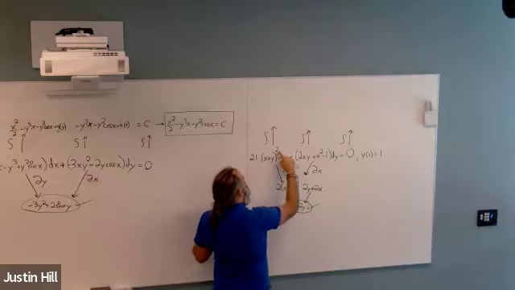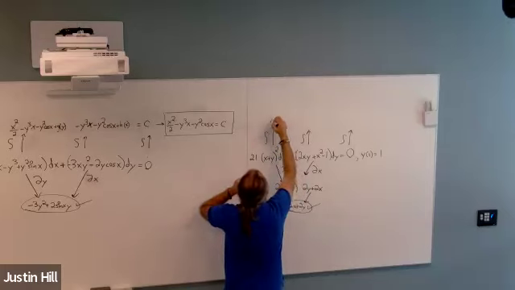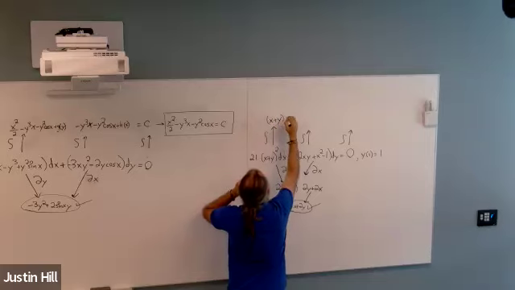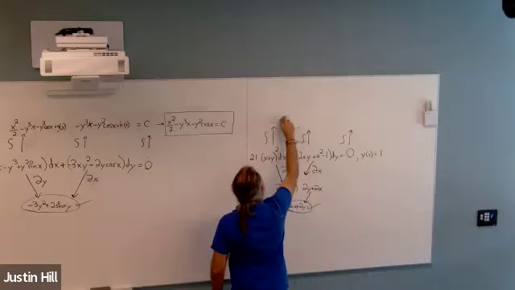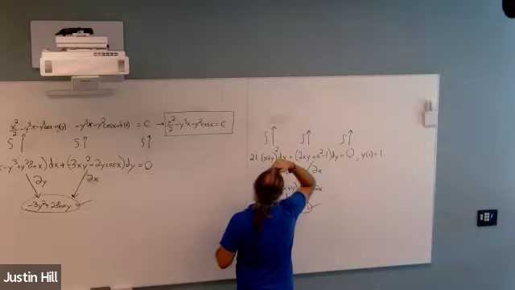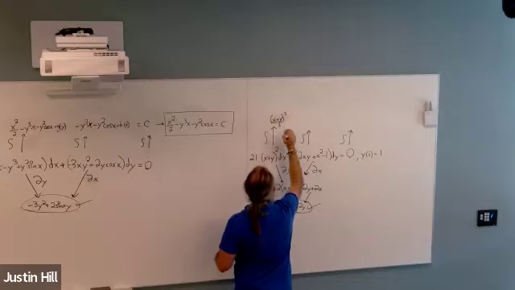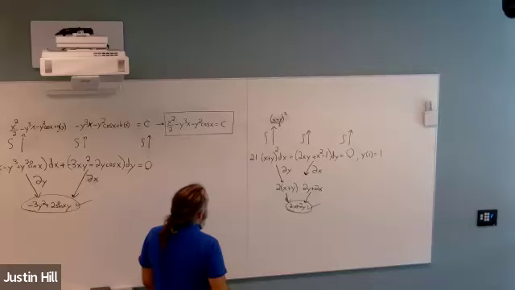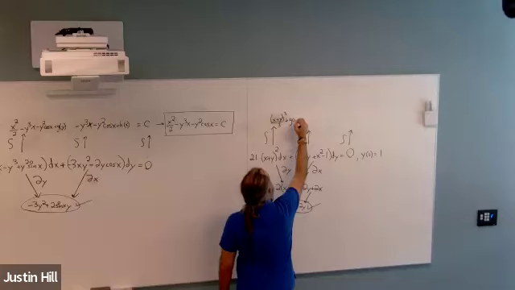So the integral of this is, you raise the power, divide by the power, so it's going to be (x plus y) cubed all over 3, plus possibly some function of y.